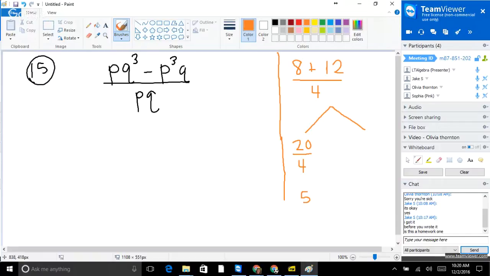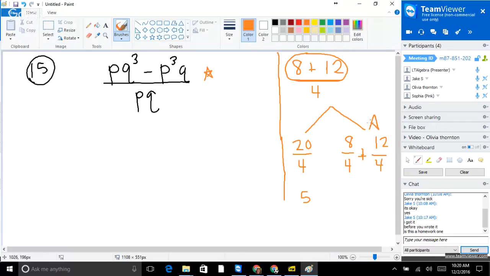I can also, when I have addition in the numerator and division on the bottom, break this apart. So I can also write this as 8 divided by 4 plus 12 divided by 4. Now you wouldn't do this for this particular problem, but we're going to use this second method.